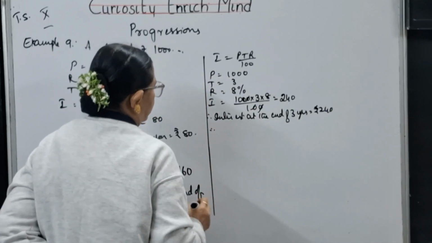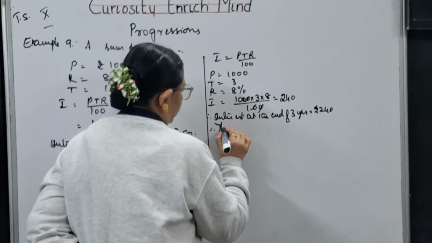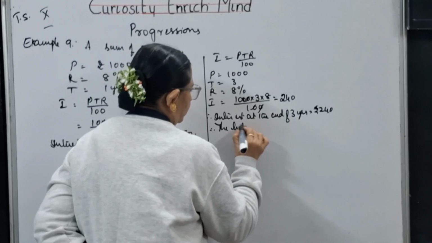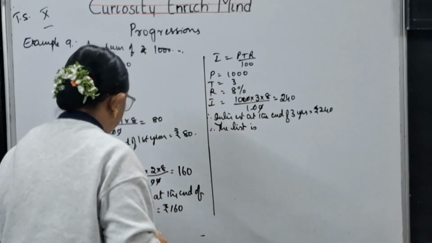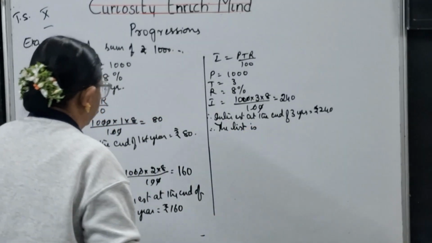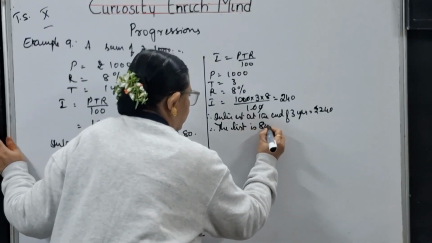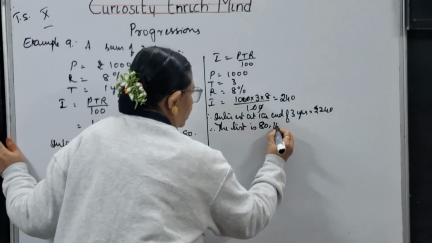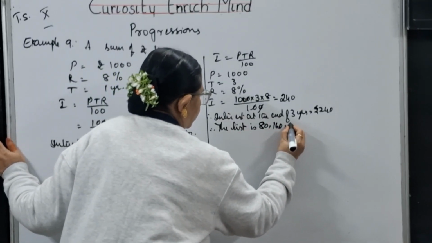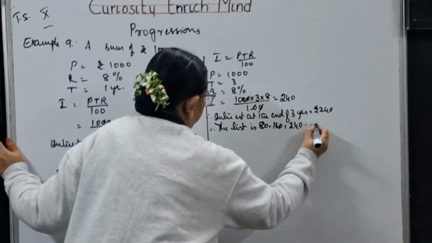So, what are you getting? The list that you are getting is 80, 160, 240, and so on.